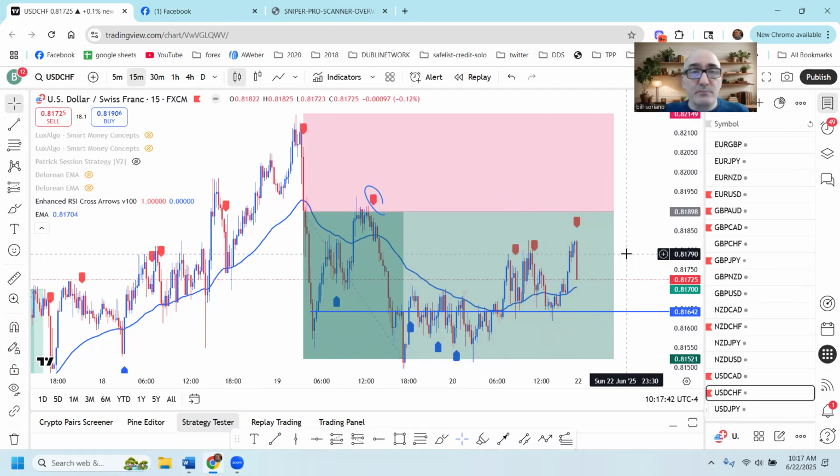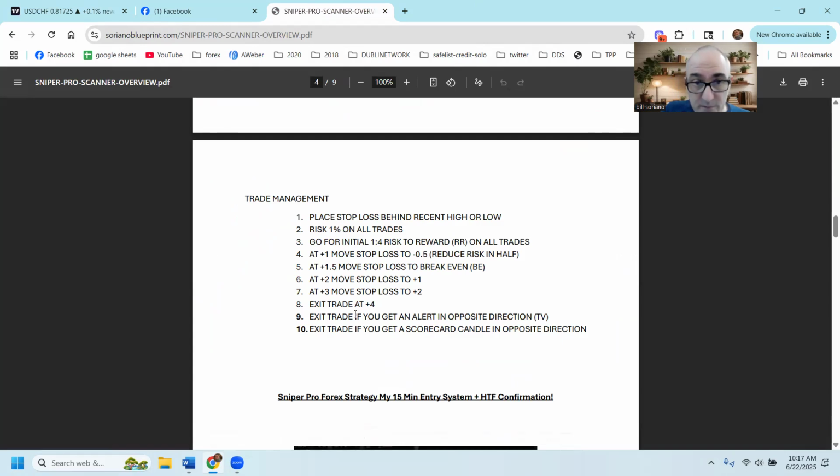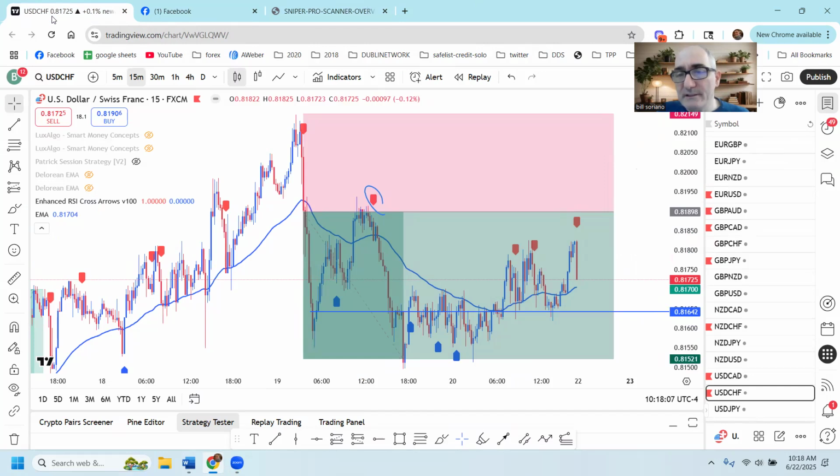So that should probably be on the scanner here in the trade management rules. This is going to change to: exit trade if you get a trade idea alert in the opposite direction, right? And also you would exit trade on Fridays at 3 p.m. Eastern time, or whatever time we decide to put on it.